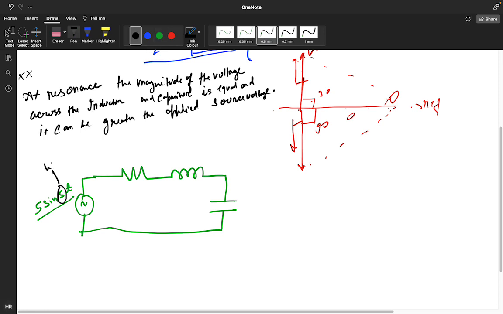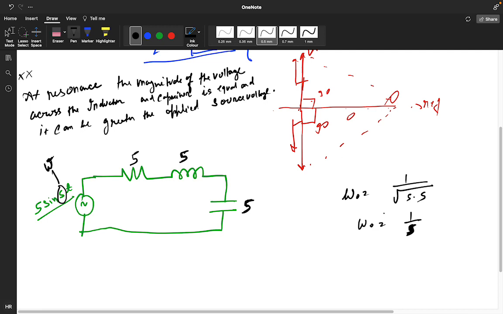This is your omega. I am taking L as 5, and C is also 5. So what will be the resonance frequency? 1 upon root of L into C, 5 into 5. So omega naught is equal to 1 by 5.